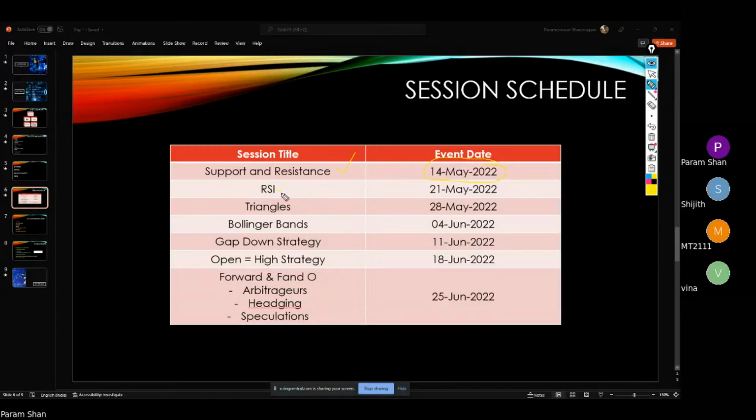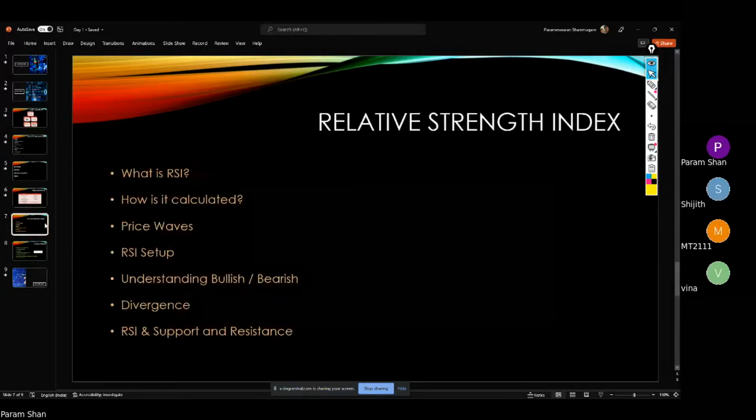So in today's session, we are going to talk about RSI, right? So in RSI, what are the things we are going to see particularly? What is RSI? How is it calculated? And definitely we are not going to calculate literally to identify the values, because the system does it. You don't have to worry about it. And price waves, how to analyze the price, how the movements can happen.